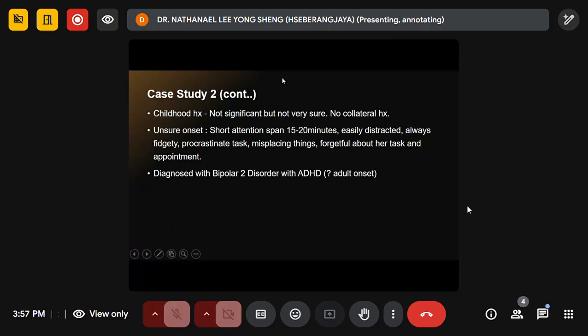However, she forgot when it started. So she's unsure of the onset, whether it was before or after 12 years old. So I'm not sure whether it's adult or childhood onset, but obviously she has bipolar 2 disorder, and currently a new diagnosis of ADHD, query adult onset.